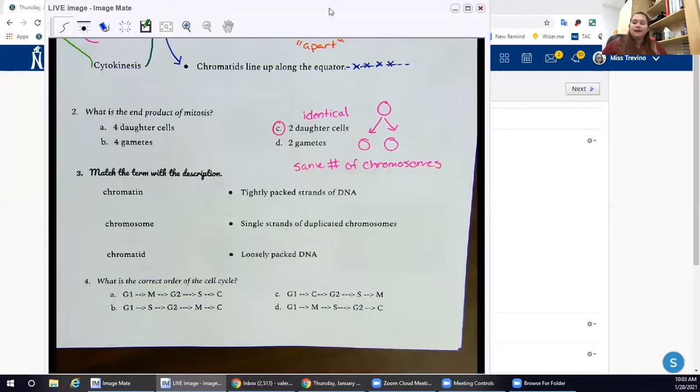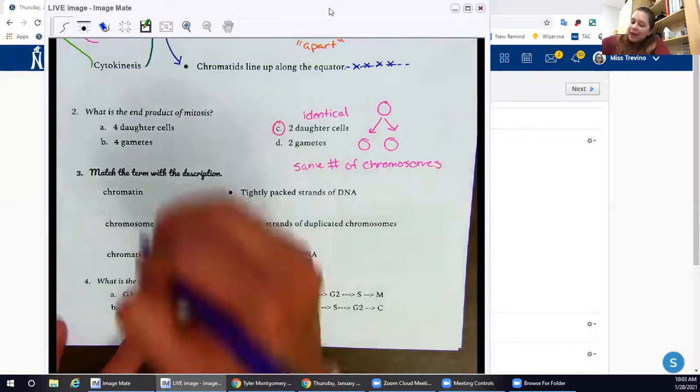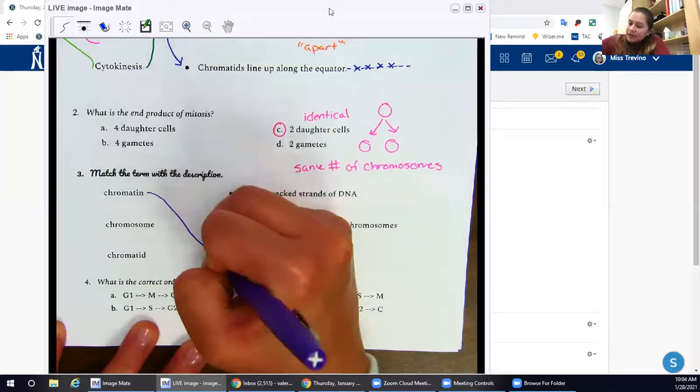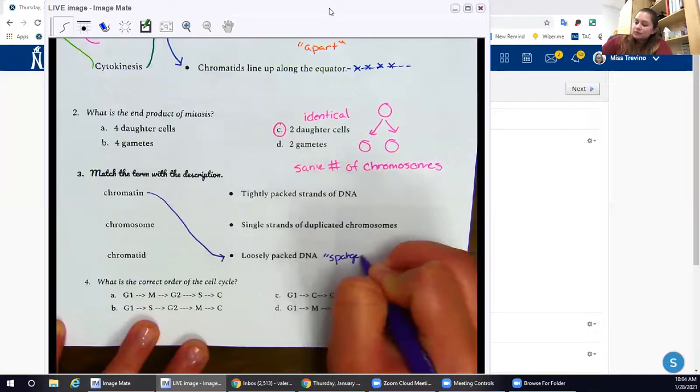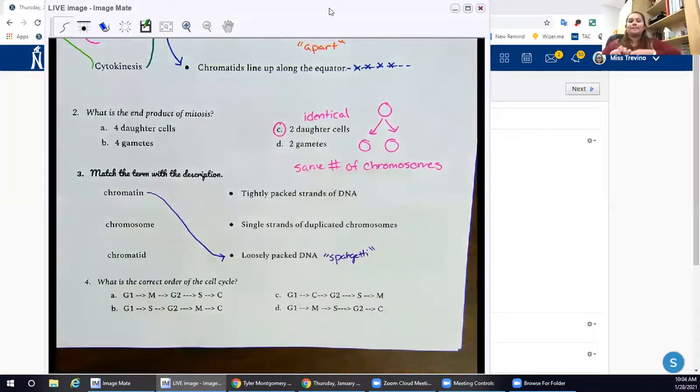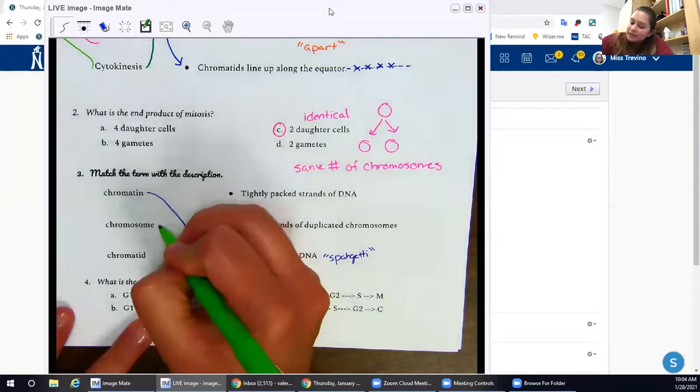All right, number 3, we're going to match the terms with the description. Chromatin is going to be our loosely packed DNA. That's where it kind of looks like spaghetti. Our chromosome is going to be our tightly packed strands of DNA.